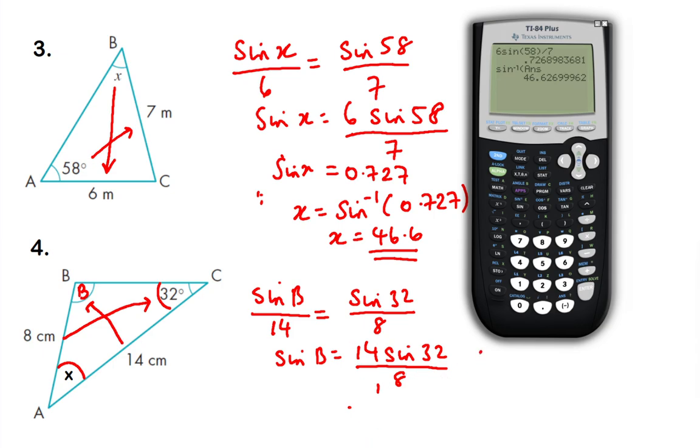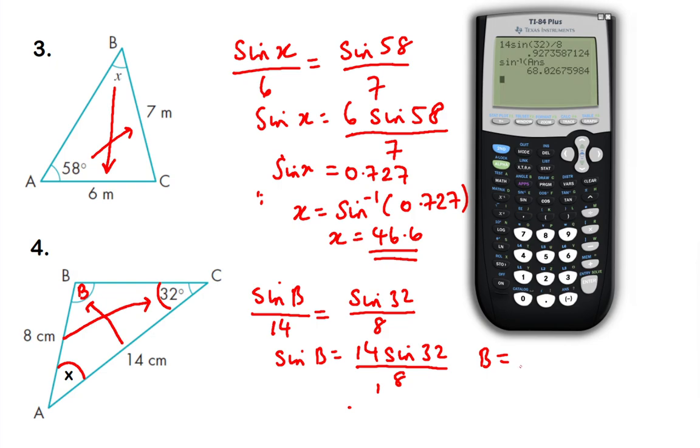So you can just do it on the calculator. Okay, so that's the right hand side, and then obviously we need to do shift sine of that answer, sine to the -1 of that answer. So it's 68.0. Okay, now that's the angle for B.